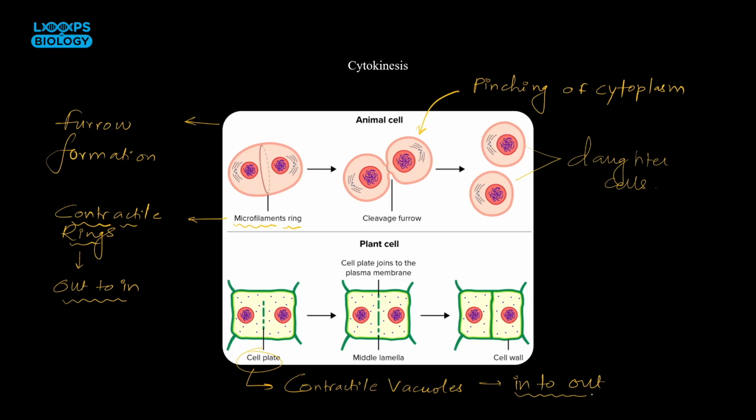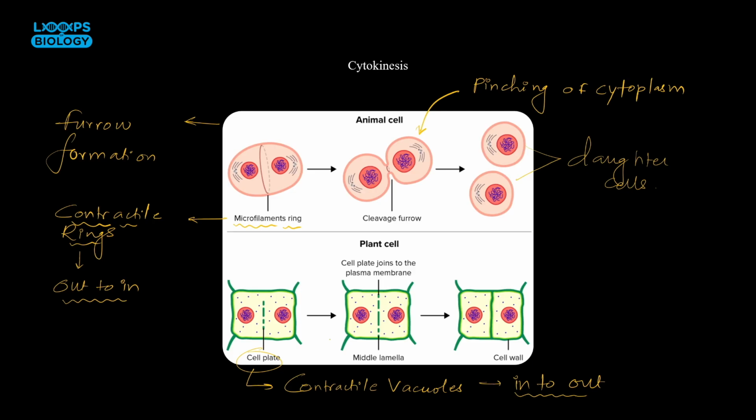Why can't they be pinched off? Because the plant cells have a cell wall, it is tough to pinch off that particular cytoplasm. That's why from inside they have to generate extra pressure on that particular cell wall, and then only the cell is going to get divided.